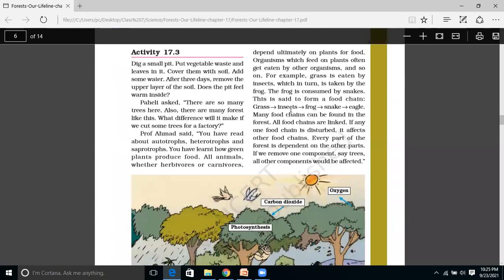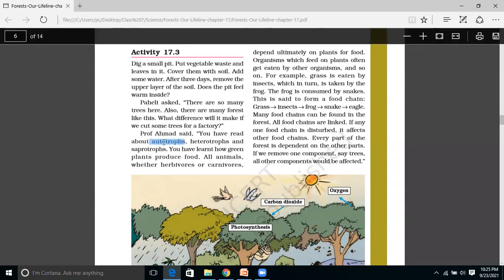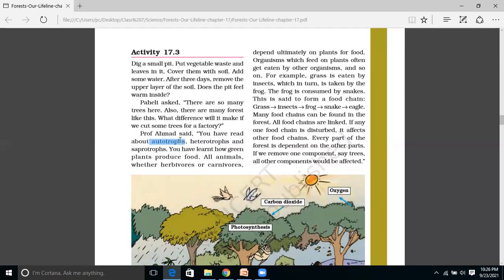Now in forests mainly we have trees and trees are called autotrophs. The meaning of autotrophs is that they are able to prepare their own food. So autotrophs are organisms which are able to prepare their own food. Then we have the heterotrophs.